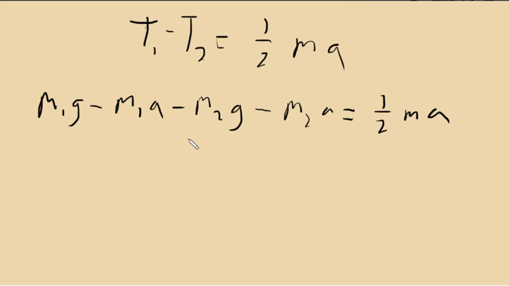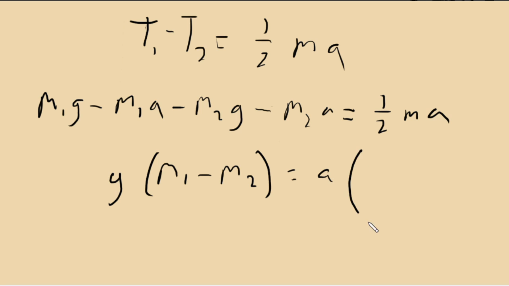We'll just move everything that is dependent on our translational acceleration to the right side of the equation, and then we'll just combine our like terms from gravity. So we could pull gravity out in front here. And our right side of the equation is all going to be dependent on our acceleration.